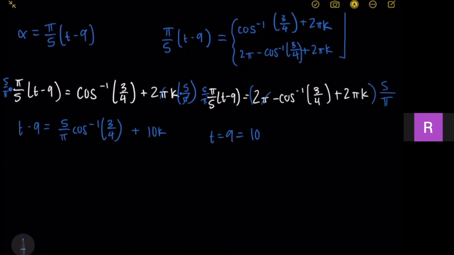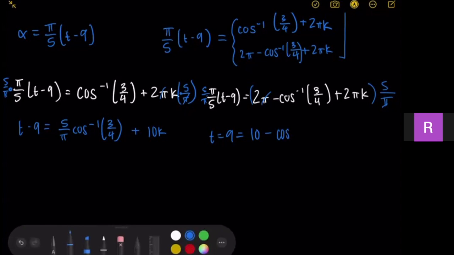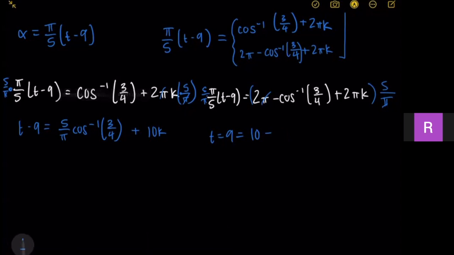Just 10 because the pi's are going to cancel out. We're going to have 10 minus, we're distributing, so minus 5 over pi inverse cosine of 3/4 plus these pi's are going to cancel out once again, and we're going to get 10k. So the difference between these two right now is that this one has this 10 minus the entire expression, and this one is just the positive version.